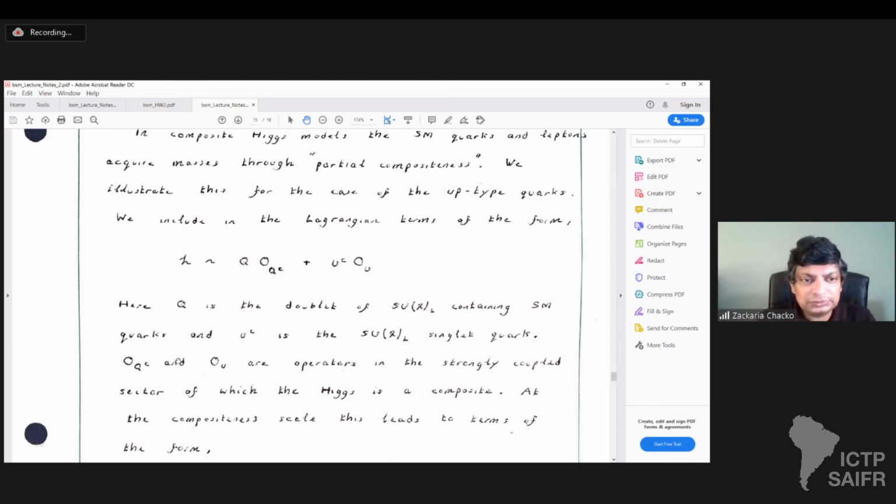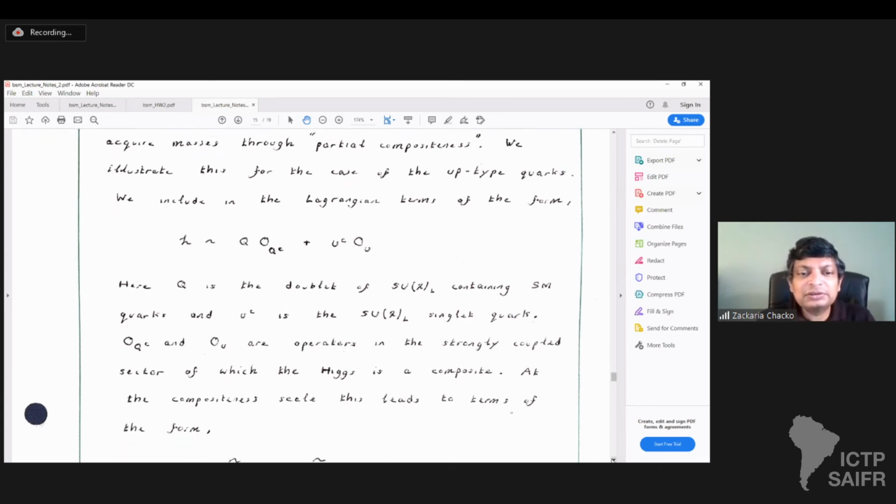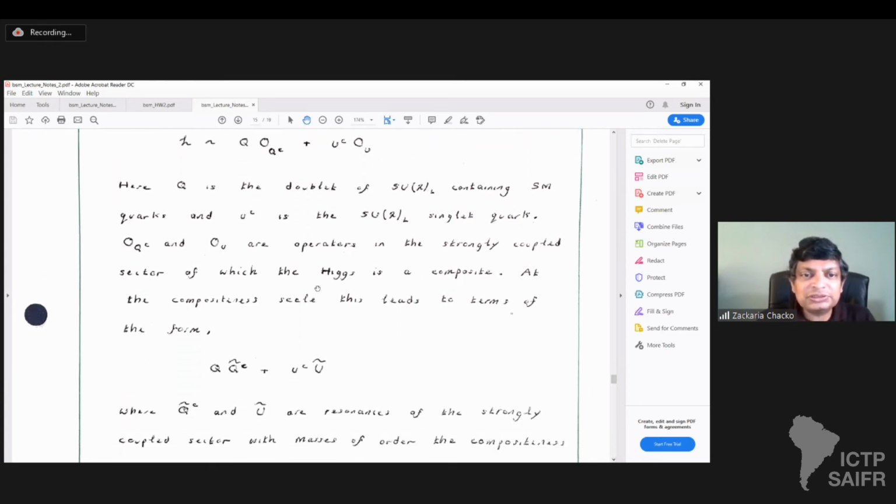So OQC and OU are operators in the strongly coupled sector, from which the Higgs emerges as a composite. The idea is that once you reach the composite scale, this operator of the strong dynamics has overlap with resonances which have the quantum numbers of fermions.